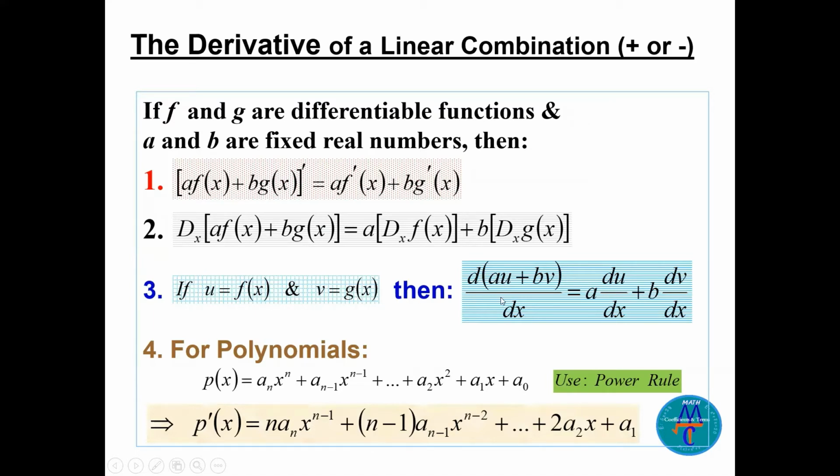Then we can write d over dx of this sum as a times du over dx plus b times dv over dx. You can use any formula. Or for any polynomial, you can find the derivative by the power rule: bring the power n down, times the leading coefficient a_n, x to the power n minus 1, and so on for all the terms.